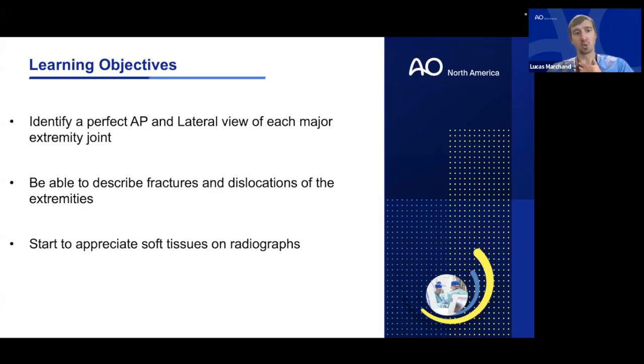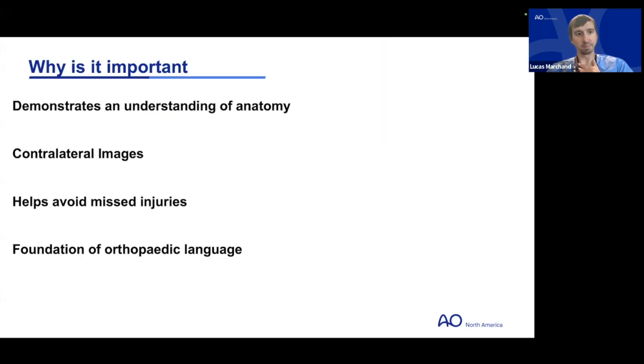Then at the conclusion of this, we'd also like you to be able to describe fractures and dislocations of these joints and start to appreciate soft tissue and other structures on radiographs. So, to look at the periphery of the radiographs and not just be so focused in on the skeletal anatomy.